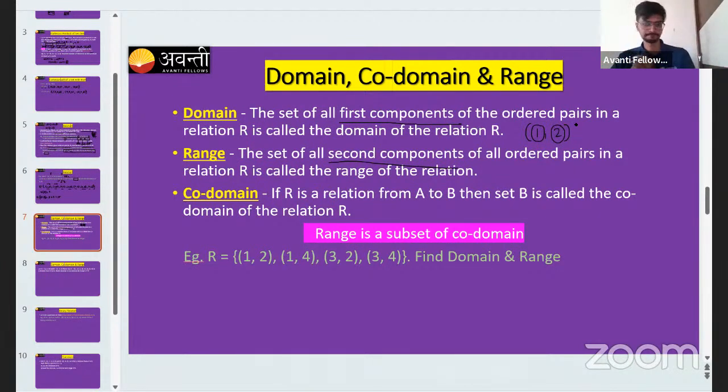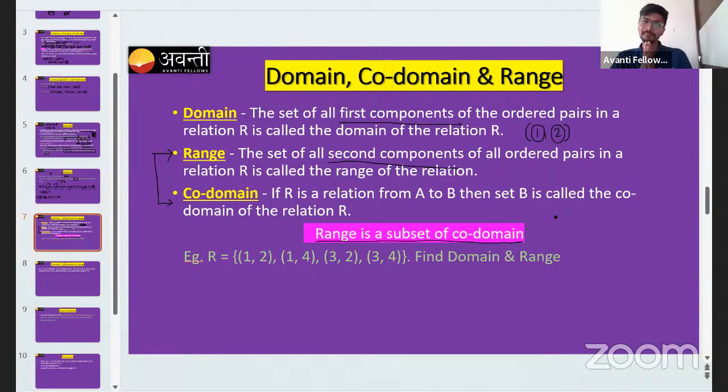Then what is codomain? Codomain has a very interesting definition. If R is a relation from A to B, like if R is defined from set A to set B, then the whole set B is called the codomain. So that you are not confused between range and codomain, let me tell you that range is always a subset of codomain.